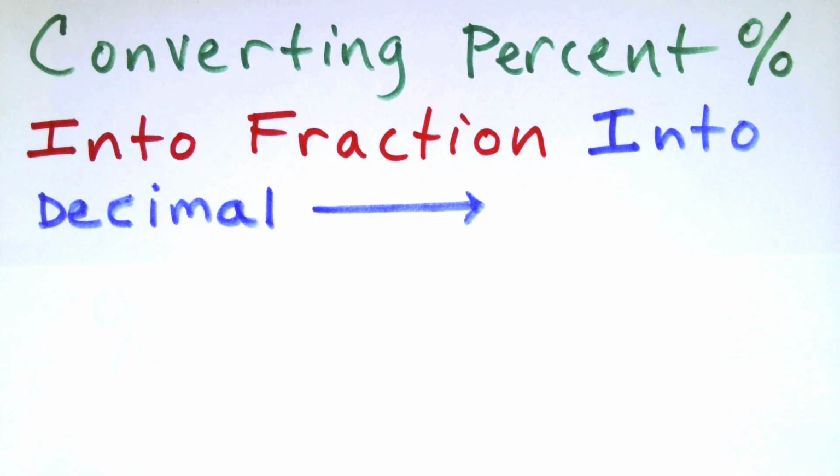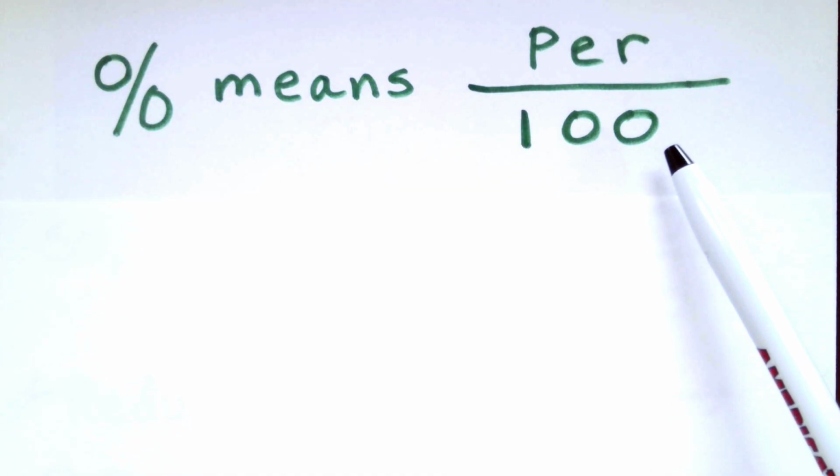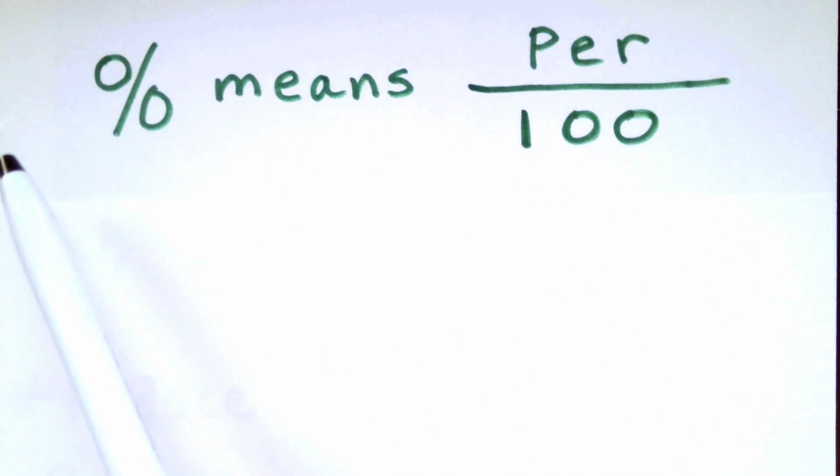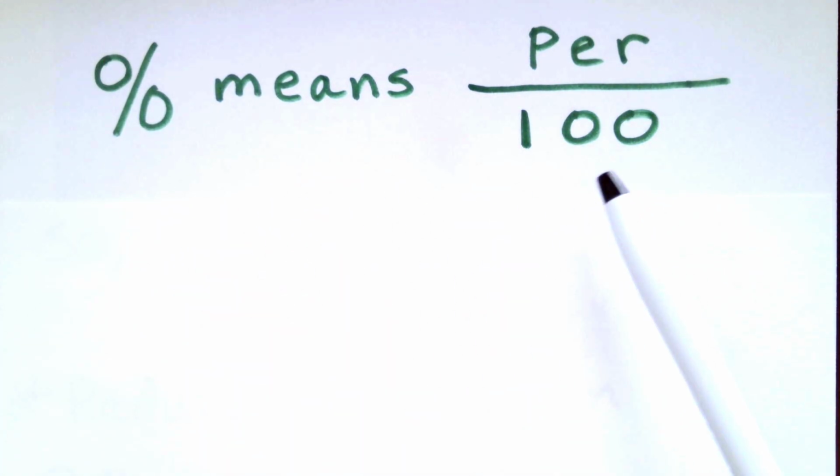Let's just jump right on into it and do it. All right, so this symbol here means percent, and percent means per 100, right? So if you had 28%, that would mean 28 over 100. Let's take a look at some examples.